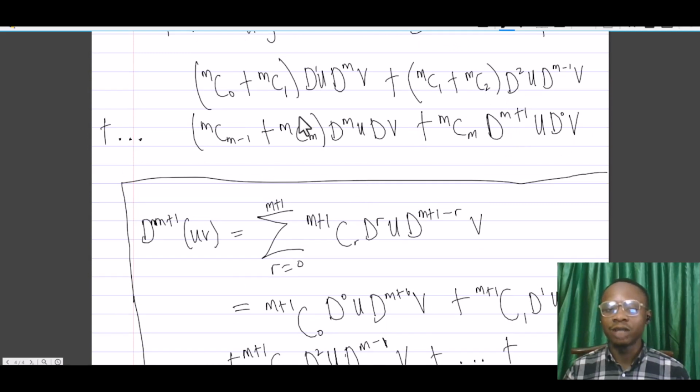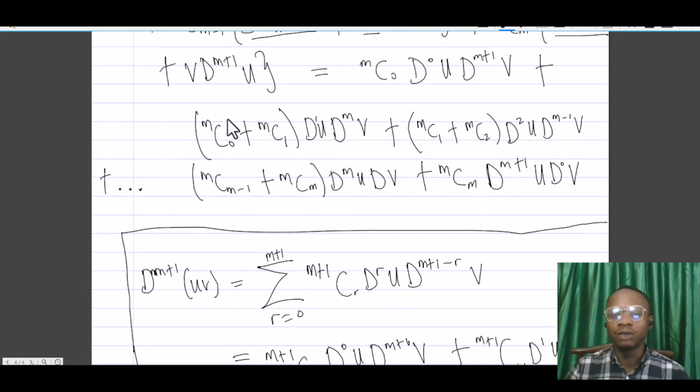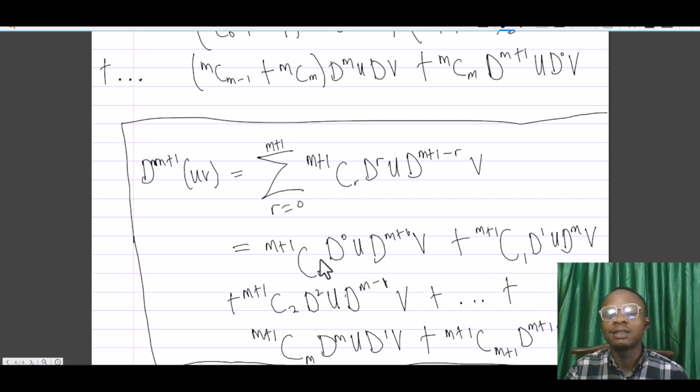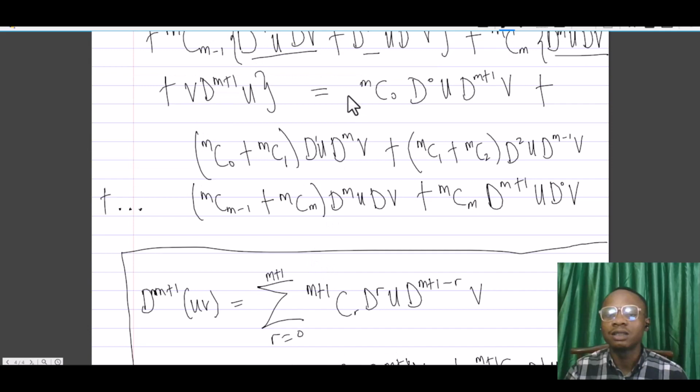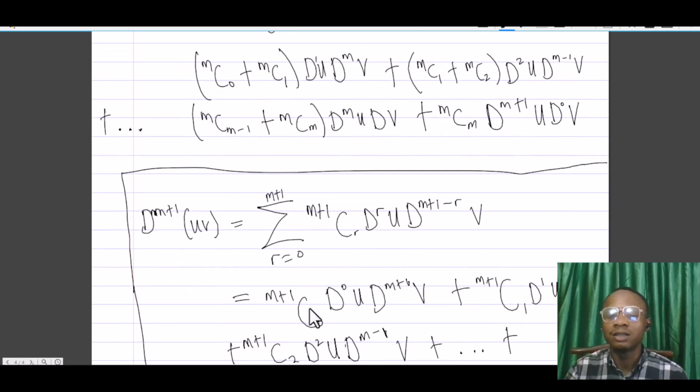The only thing we have to now convince ourselves about, as I said earlier, are the coefficients. That is, can we really say that m combination 0 is the same as (m+1) combination 0? That is the issue. We can see that the coefficient of the 0 u, the (m+1) v here is (m+1) combination 0. So can we say that this expression here is the same as this?